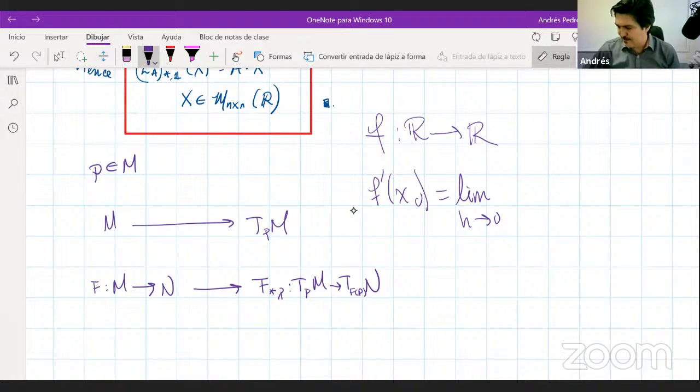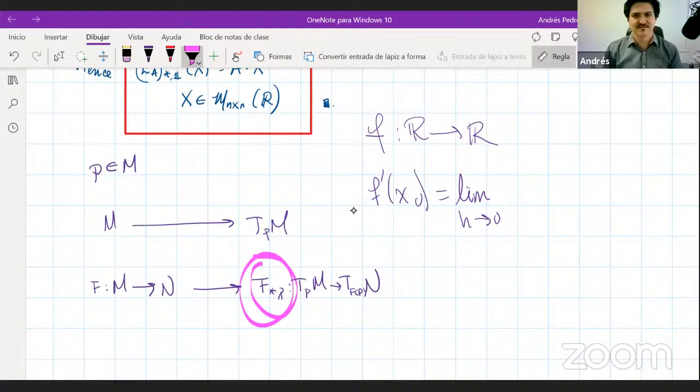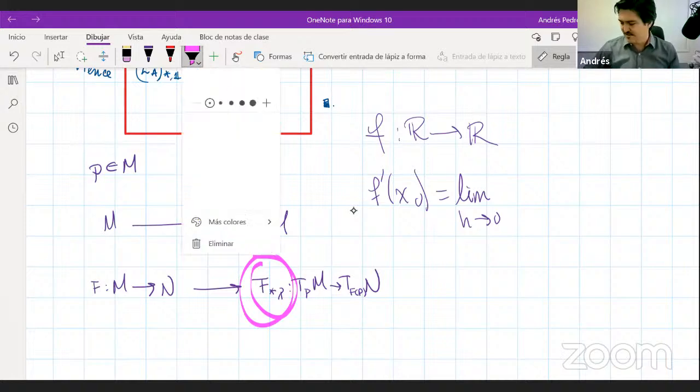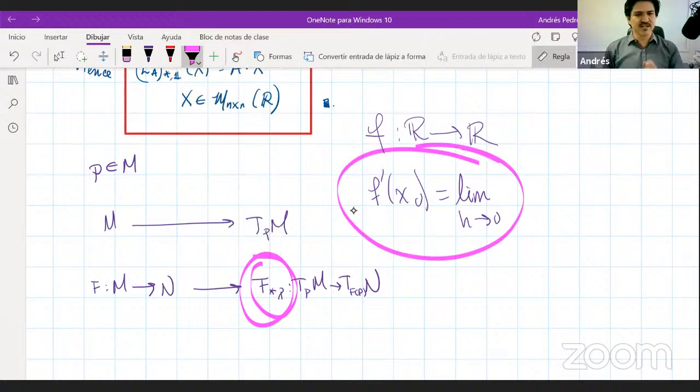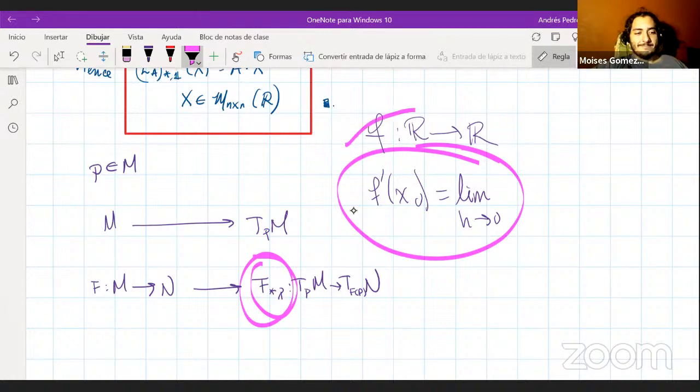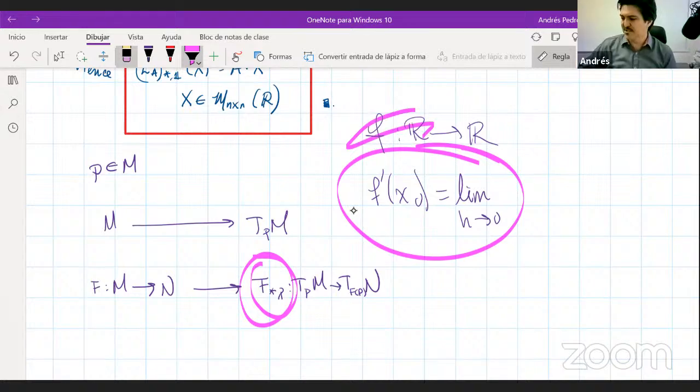And remember, this is the derivative of the function. Like we already saw, it is the Jacobian when M and N are Euclidean spaces. The Jacobian at a point. So that's also the relation with the name infinitesimal, like here in calculus 1. The small increments of the function. All right. Thanks. Okay. Any more questions?